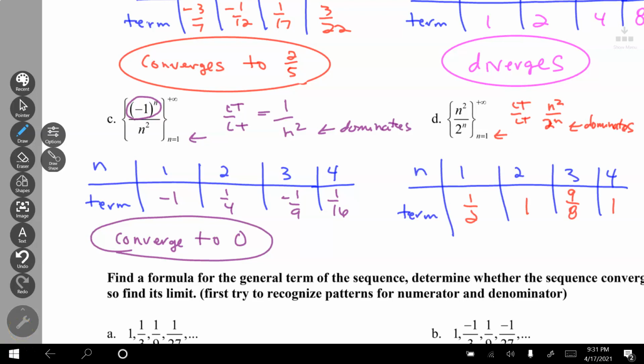In this last example, I just did it in the calculator, or actually I might have done it mentally, and I get these terms, and I see 2 to the n is exponential. It dominates over that n squared. They both go to infinity, but 2 to the n gets to infinity a whole lot faster, gets a lot larger than n squared. So this one also converges to 0.